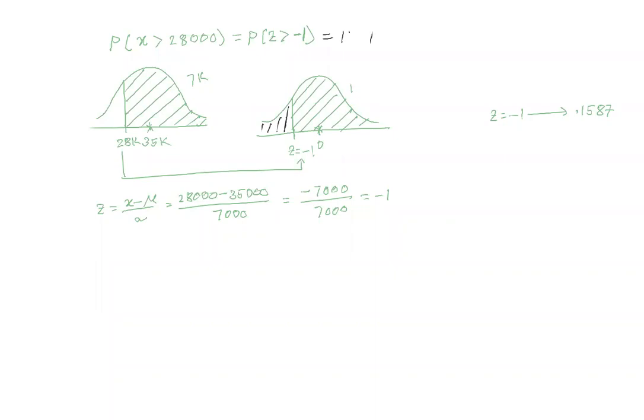1 minus the probability of Z less than -1. Look again here, this is greater than, and when you subtract it from 1, it becomes less than. So it is 1 minus the probability of Z less than -1. The probability of Z less than -1 is 0.1587.